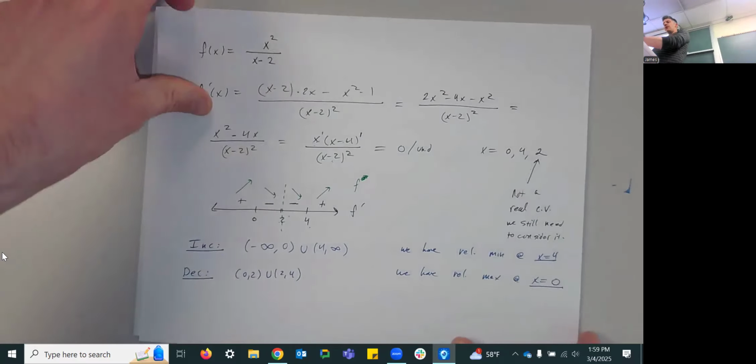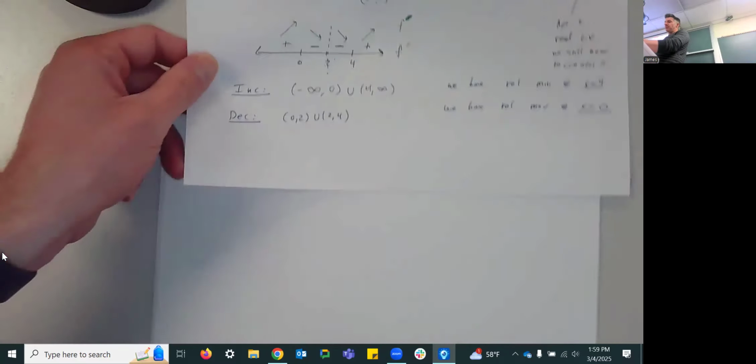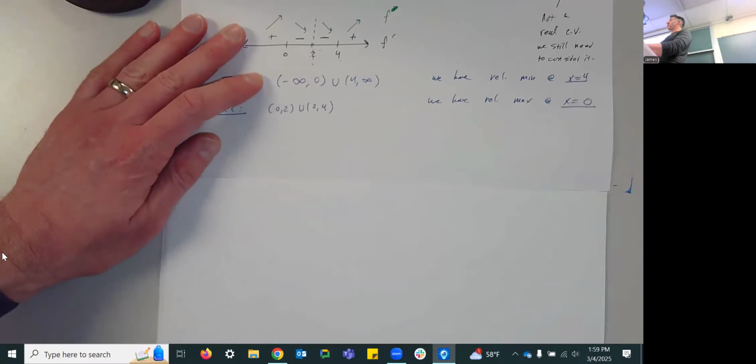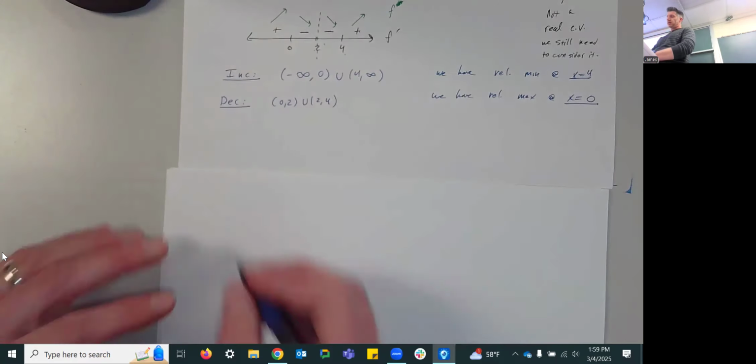So I keep saying I'm going to talk about the theorem here. So here's the idea. The first derivative test is kind of the following.